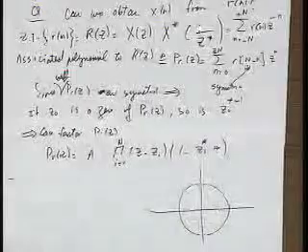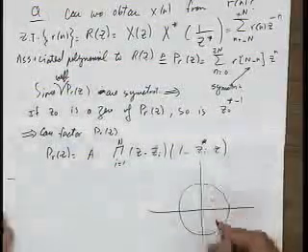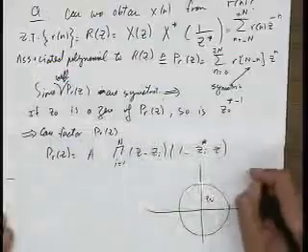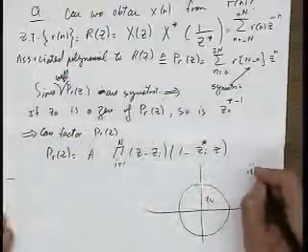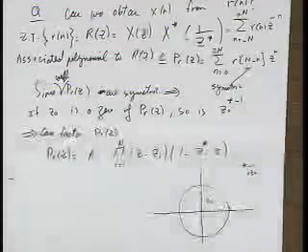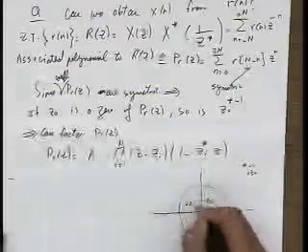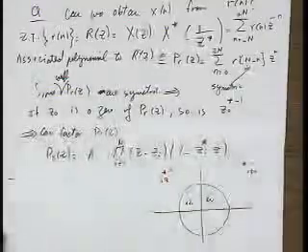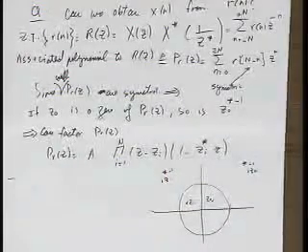Then for example, if this has a zero Z0, then it also has a zero at Z0 complex conjugate inverse. If it has a Z1 here, then it could have Z1 complex conjugate inverse out there. Okay?